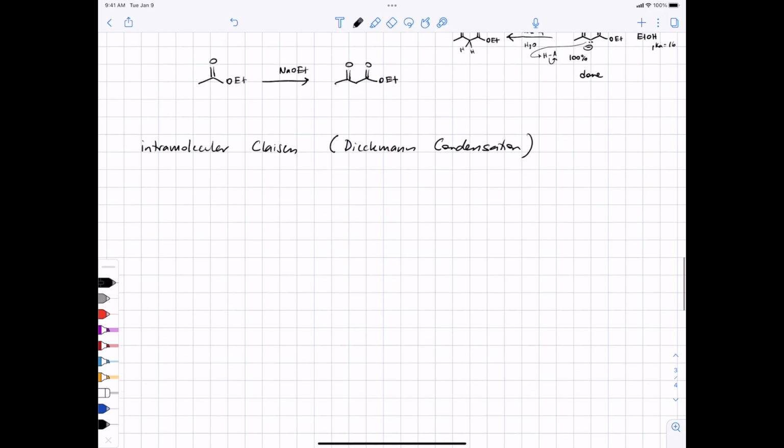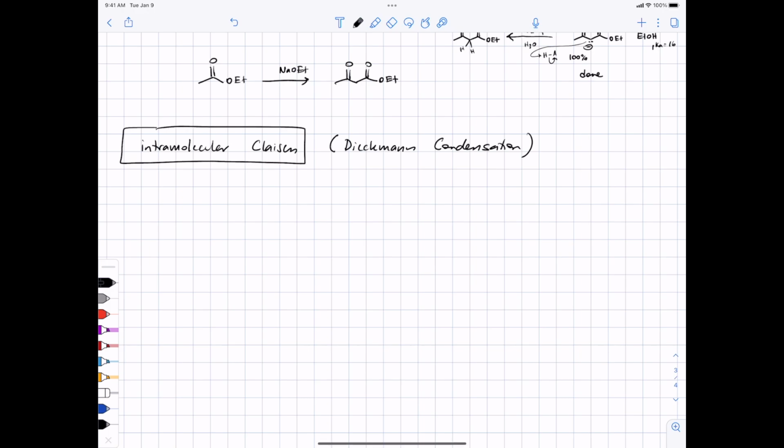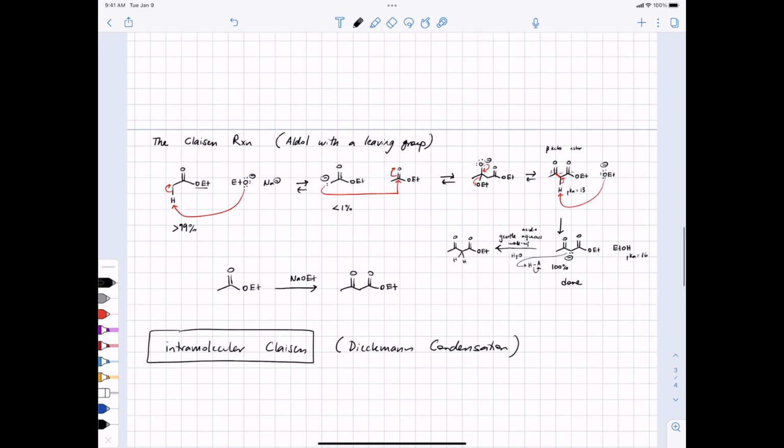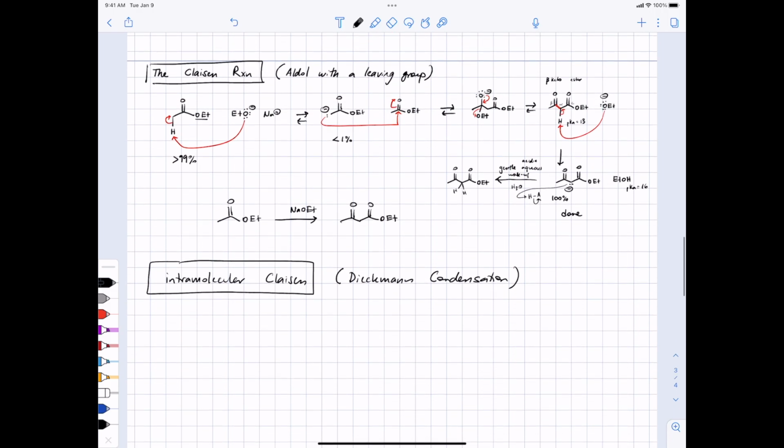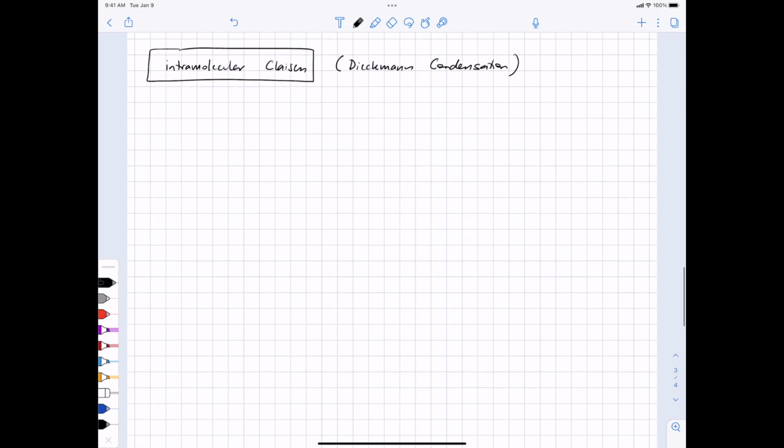Condensation, I think, because you're bringing two molecules together. You don't have to memorize names of reactions, and it's fine just to call this the intramolecular Claisen. The Claisen is named after the person who discovered it. Aldol wasn't a person, it was more of a thing.